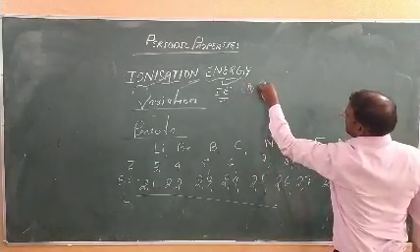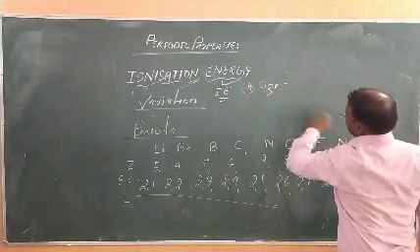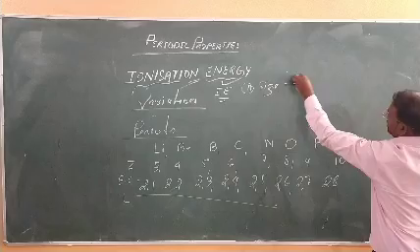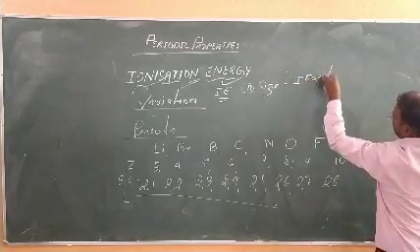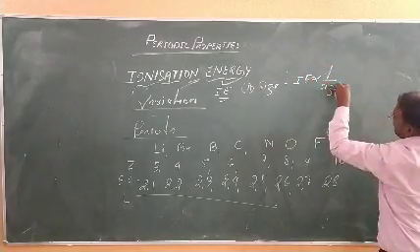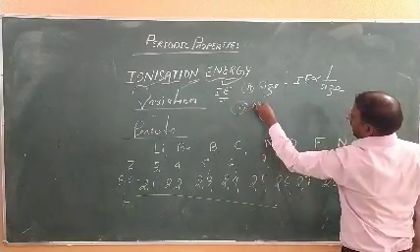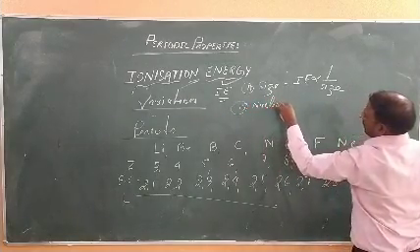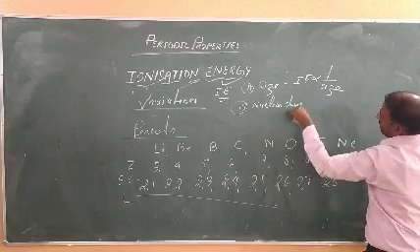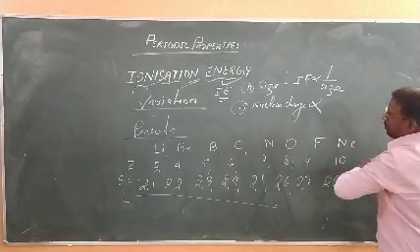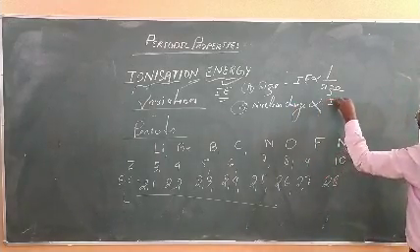First is size, and ionization energy is inversely proportional to size. The second is nuclear charge, which is directly proportional to ionization energy.